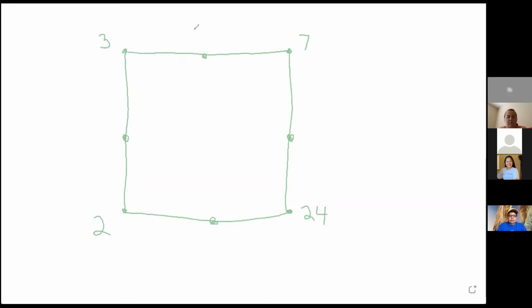So what should go here up top? 4. Good. And again, I always want the positive result. How about over here on the right-hand side? 17. Down on the bottom? 22. And on the left-hand side? 1. Okay. I'm going to join these.